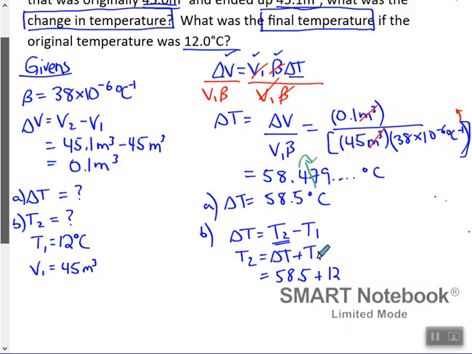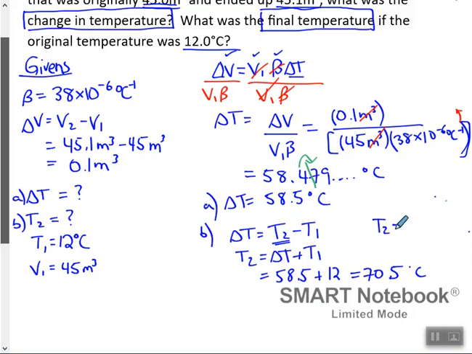You can do it mathematically, or you can just think about what's actually happening in the question and show your calculation from there. You will still have to show your work, the 58.5 plus 12, but you would not necessarily have to show the formula up here if you're just thinking it through. So 58.5 plus 12, you get 70.5 degrees Celsius.